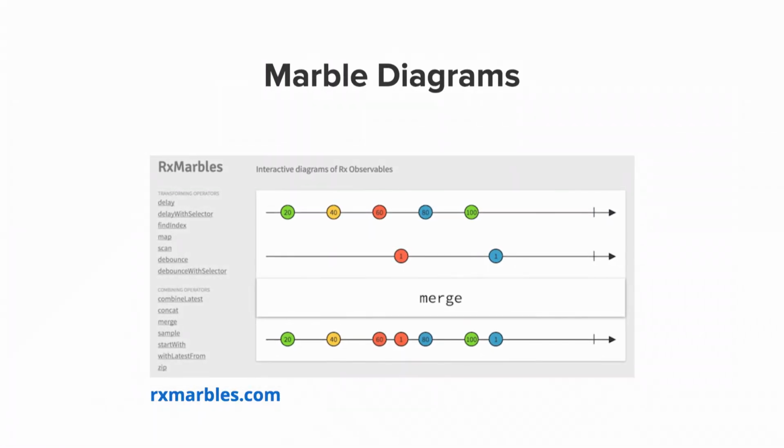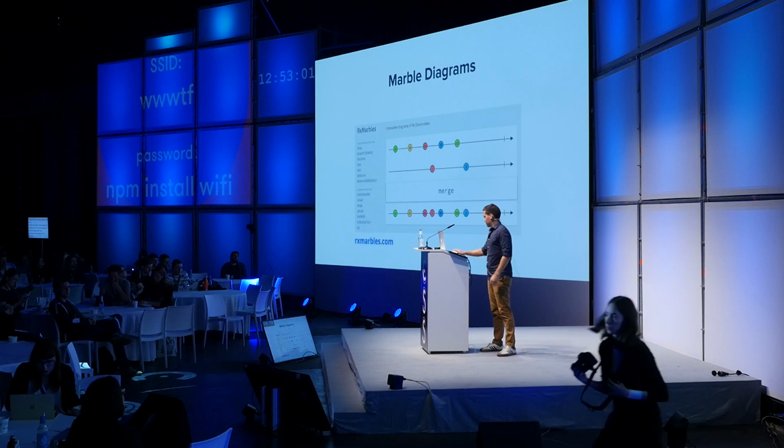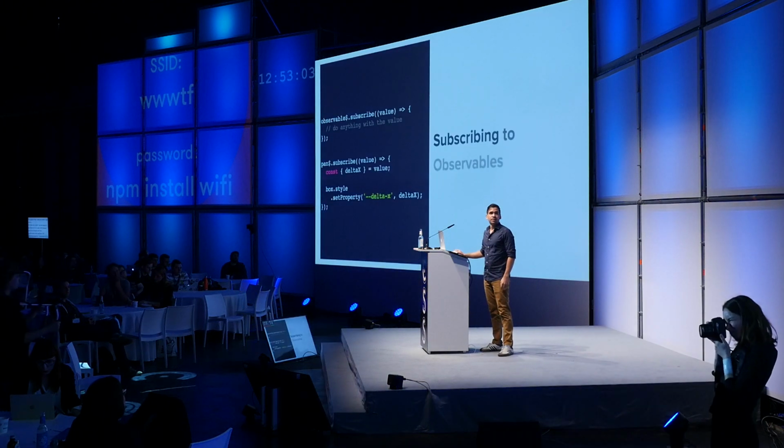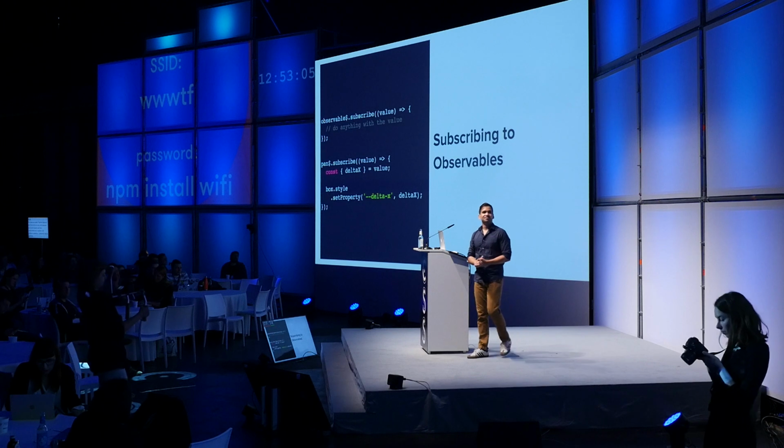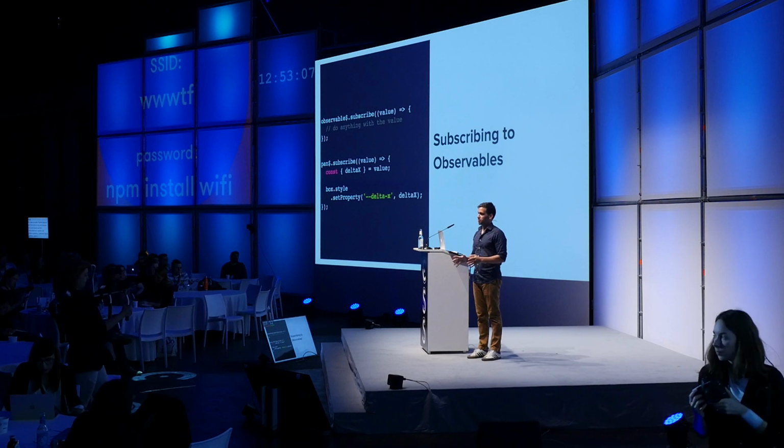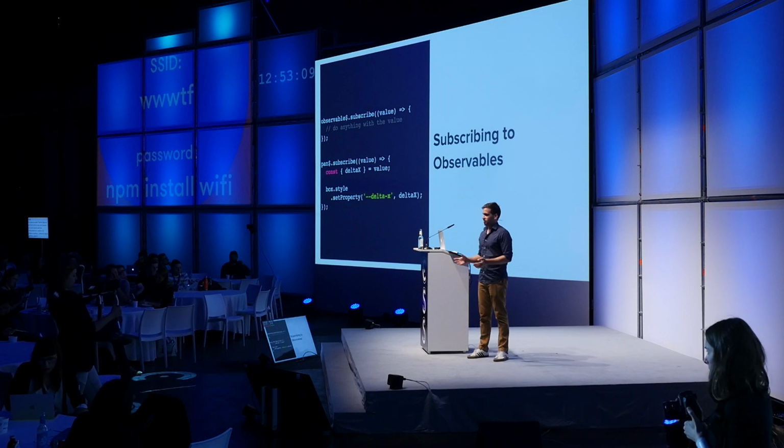So these are called marble diagrams, and they're fun to play with because you could visually see on this website, rxmarbles.com, how observables work together with different operators. I personally like to call them observables. So subscribing to observables is where the magic actually happens.